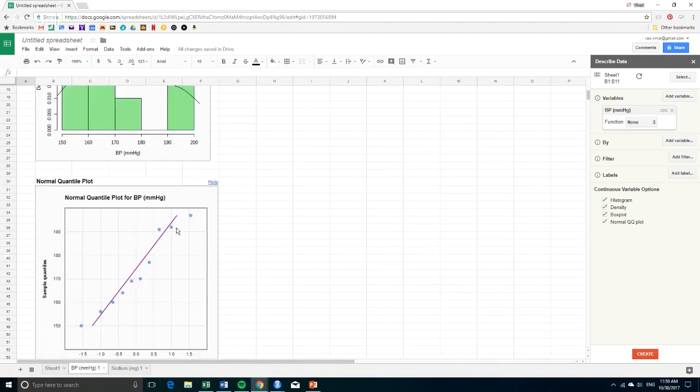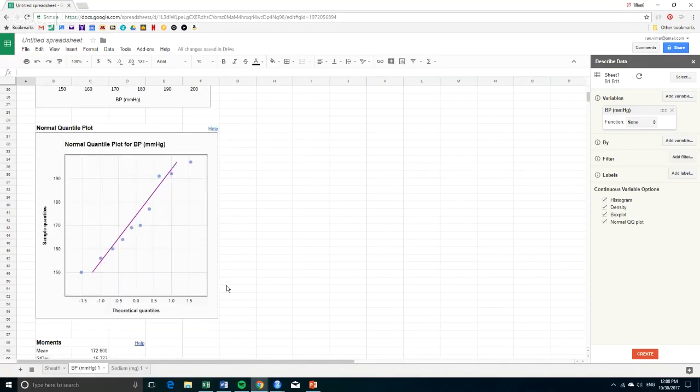Okay, let's take a look at the normal QQ plot. Okay, this is actually, all the observations appear to be quite close to this straight line. So that's good. This is actually less concerning to me than the normal QQ plot for sodium. So blood pressure certainly looks like it follows a normal distribution, or rather, there does not appear to be enough evidence to suggest that blood pressure does not follow a normal distribution. Remember, this is how we frame our null hypotheses in statistical analysis.